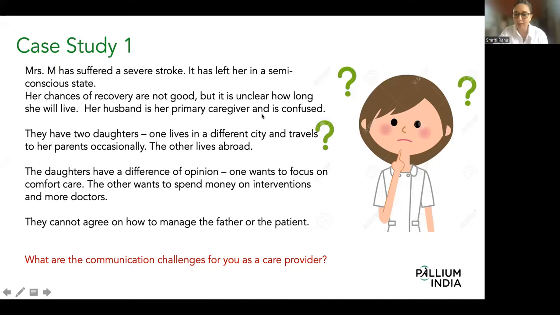Thank you, Abhijit. So let's hear from all of you. What are some of the challenges in communication specifically that you see coming up for you? Suppose you're the caregiver, you're the doctor, you're the healthcare provider for this case. What are some of the difficulties that are already quite obvious here from the point of view of communication?